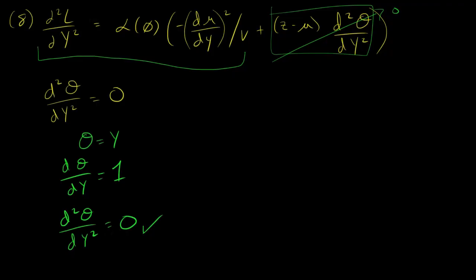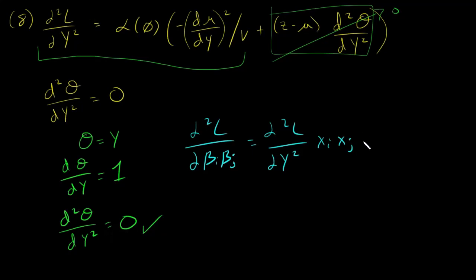So actually, let me go ahead and write that down here. This beta i, beta j equals the second derivative of the likelihood with regards to y, xi, xj. Okay, and we showed this prior in this playlist. We showed this relationship.